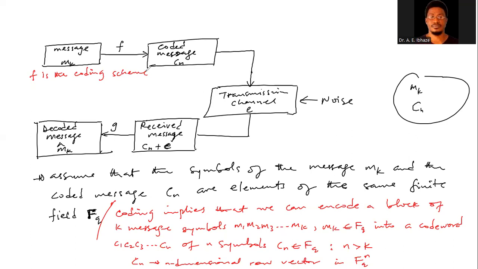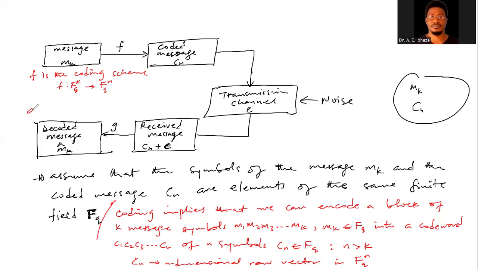And this function is such that it maps the finite field F cardinal Q of length K to the finite field cardinal Q length N, because it's taking the message bits from length K and adding redundant bits to make it length N. Okay, that's what this function does, the coding scheme function.